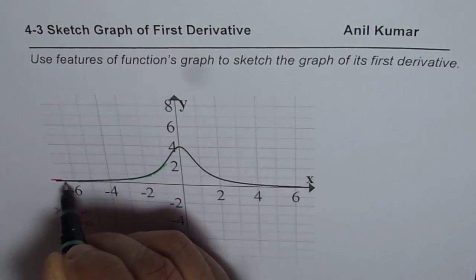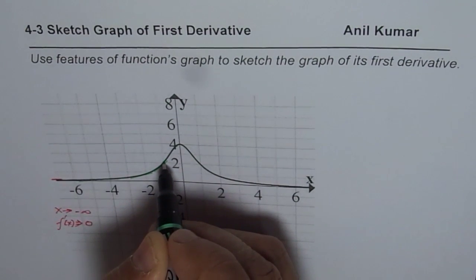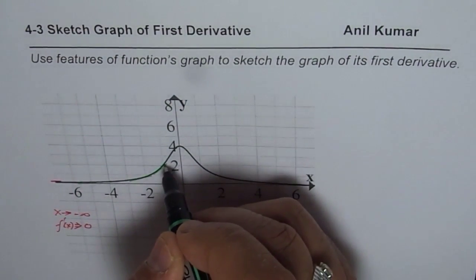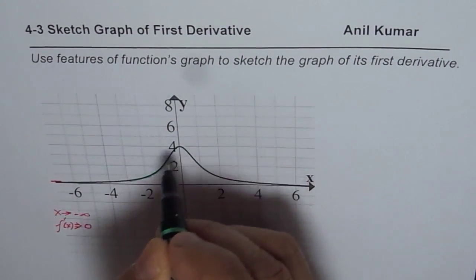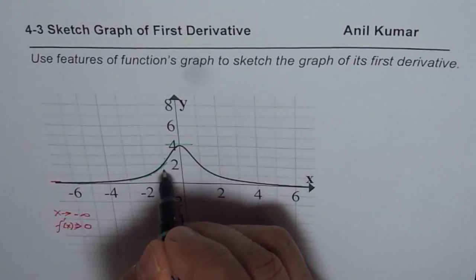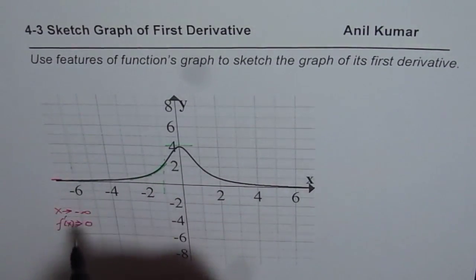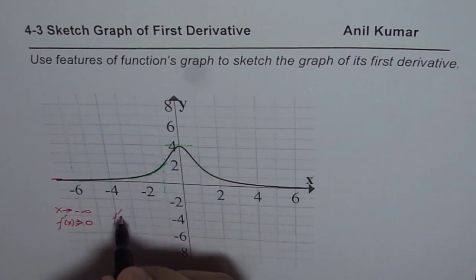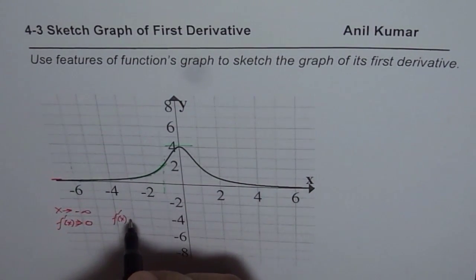So it is concave up to this point. The shape of the graph is concave up to this point. And after this point, it is still positive, but it becomes decreasing in nature. So from here to there, what we see is that f dash x is increasing, right?